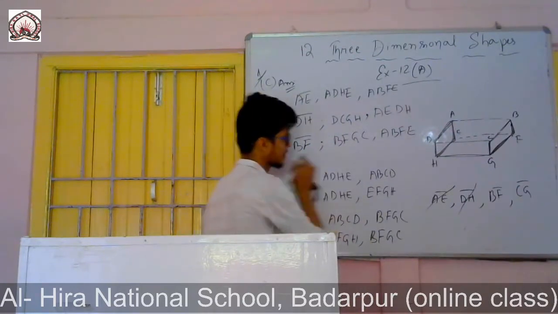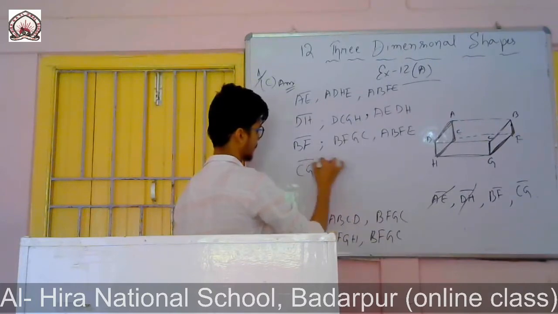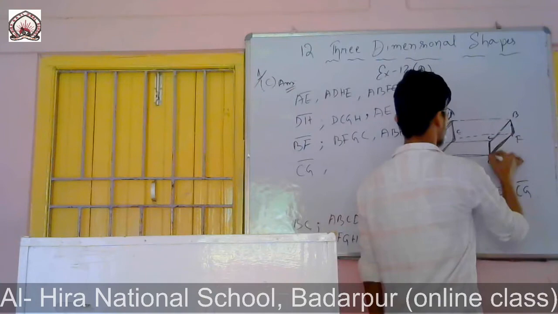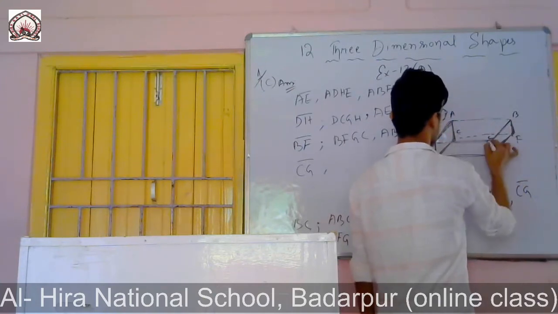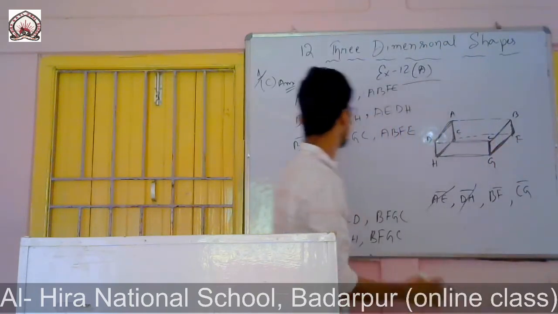Then last one, CG. For CG, where is CG? CG, this side. So for this side, again this triangle and this triangle. These two triangles are associated. This rectangle and this rectangle are associated.